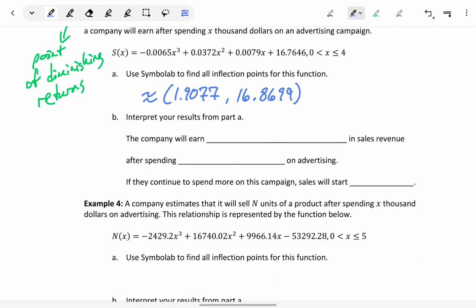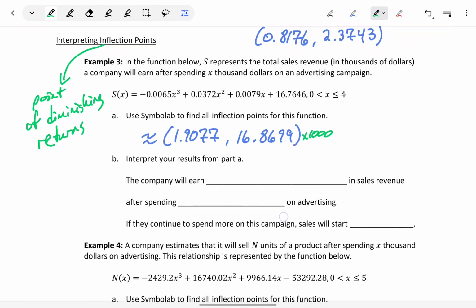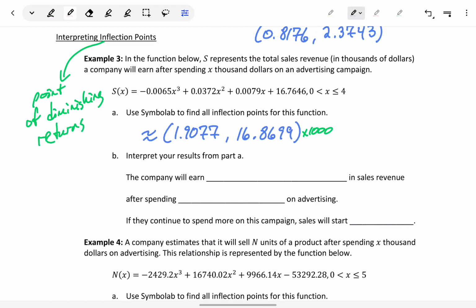What that means in the context of this problem is that our company will earn, in this case, $16,869.90 because we need to update this value since this is total sales revenue in thousands of dollars. And we'll also have to update our X value since that's representing X $1,000.